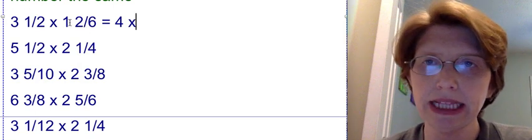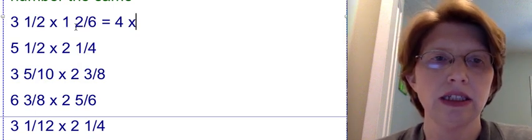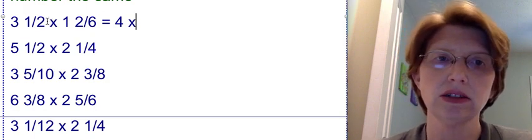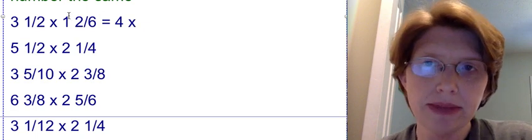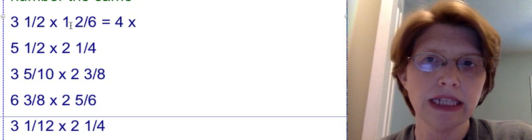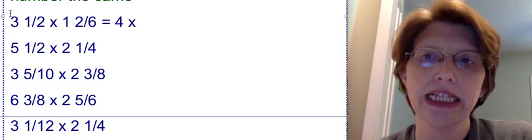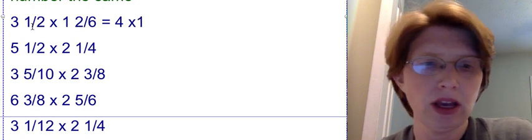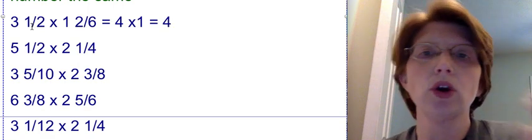Now let's estimate this one. 1 2/6. Is 2 more than half of 6? No. So we're going to keep this whole number the same. So instead of dealing with fractions, we're going to estimate it in our head and say that this is 4 and this is going to be 1. So then your answer should be 4 times 1 is 4.